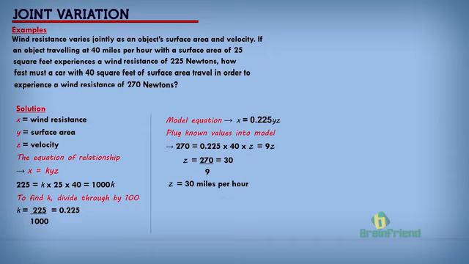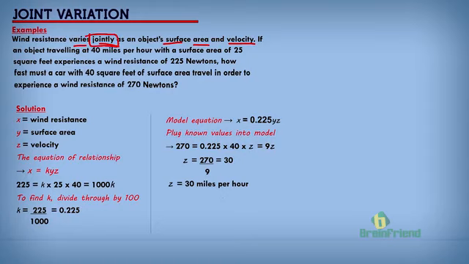Let's take a look at another real-life example. Wind resistance varies jointly, okay, as an object's surface area and velocity. Again, we know that it's a joint variation problem.